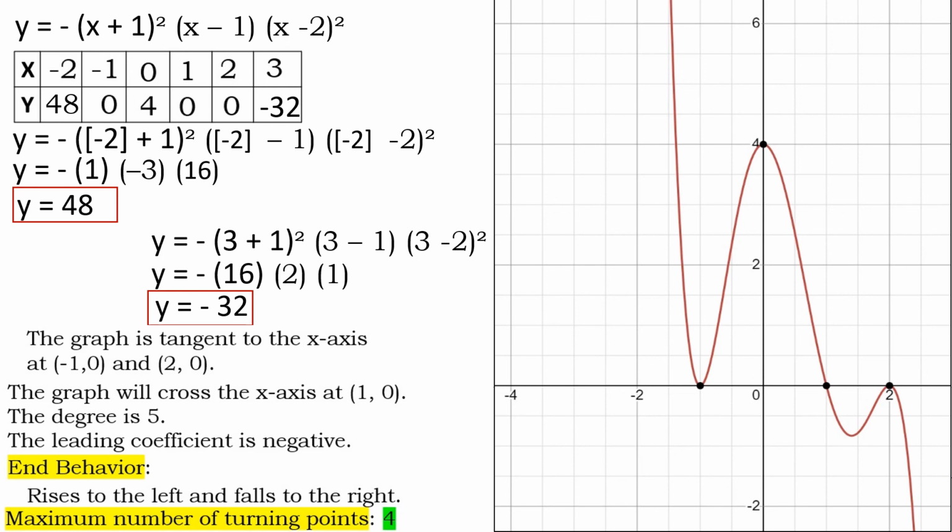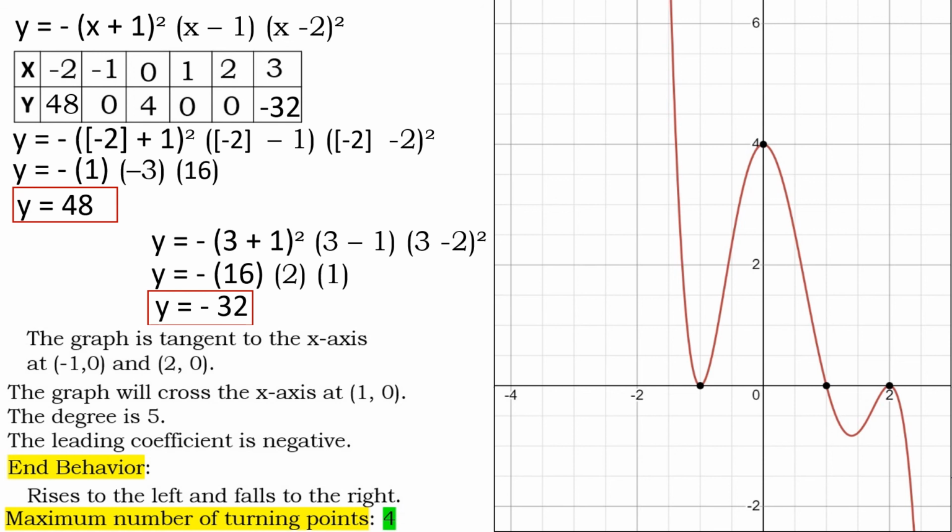Ayan. Let us check. The graph is tangent to the x-axis at (negative 1, 0) and (2, 0). So, tama. Hindi siya lumagpas sa x-axis. The graph will cross the x-axis at (1, 0). Ayan yung (1, 0). Dumaan doon yung graph. The degree is 5.